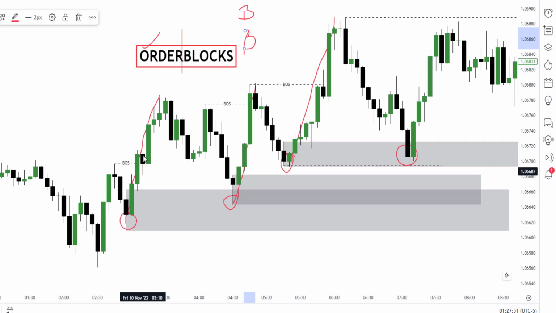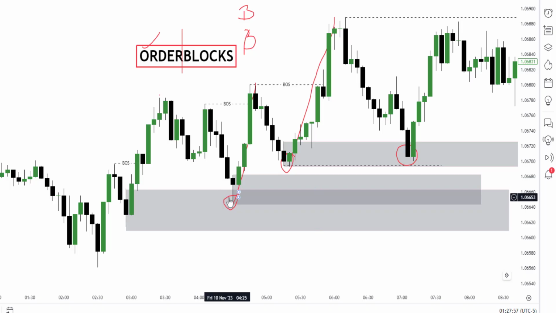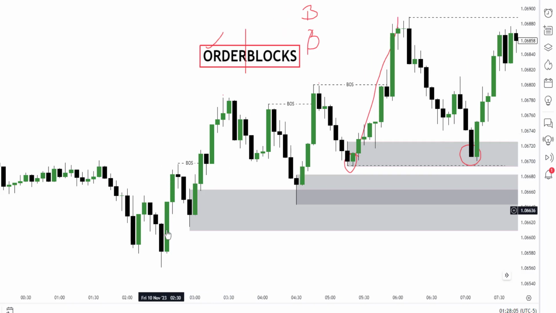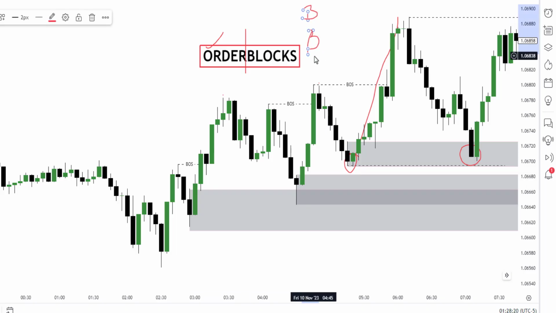A typical example of an order block is right here. We'll subsequently talk about what makes an order block valid or less valid. But here, price comes to this point, retraces, and look at what happened. Price pushes up, creating a break of structure, which is one of the things that makes an order block valid.